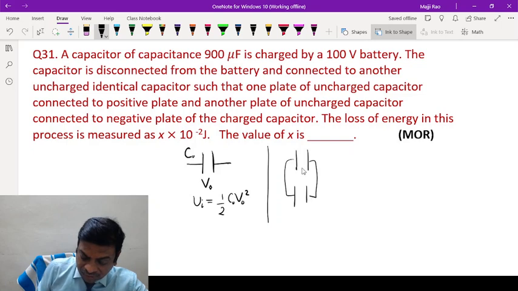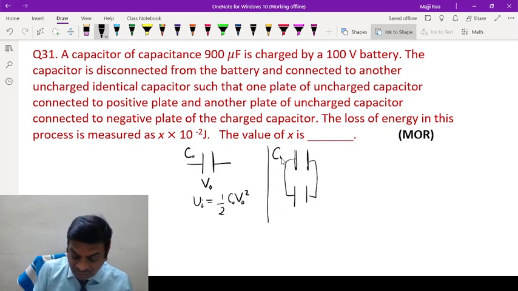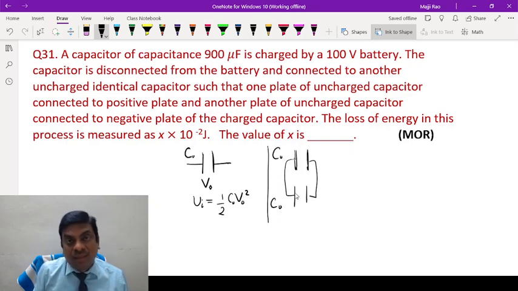So what happens? They share the charge equally because both have equal capacitance. So automatically the potential difference will also drop because V is equal to Q by C. C remains same for each. So if Q has decreased to half, V will also reduce to half. So the new potential difference between them is V naught by 2.